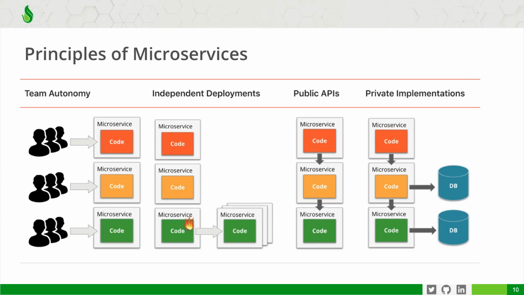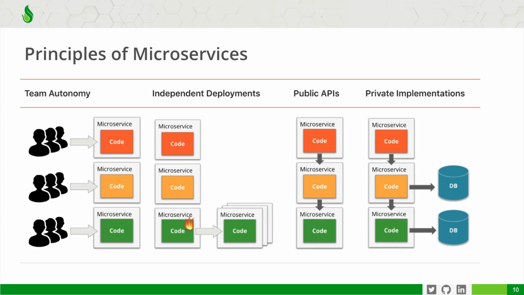The other two principles that I like to discuss are that microservices ought to offer public APIs for their capabilities, and those APIs should be documented. They should be authenticated, authorization should be included with every API, and they should have some sense of rate limiting so that you can maintain certain service levels.